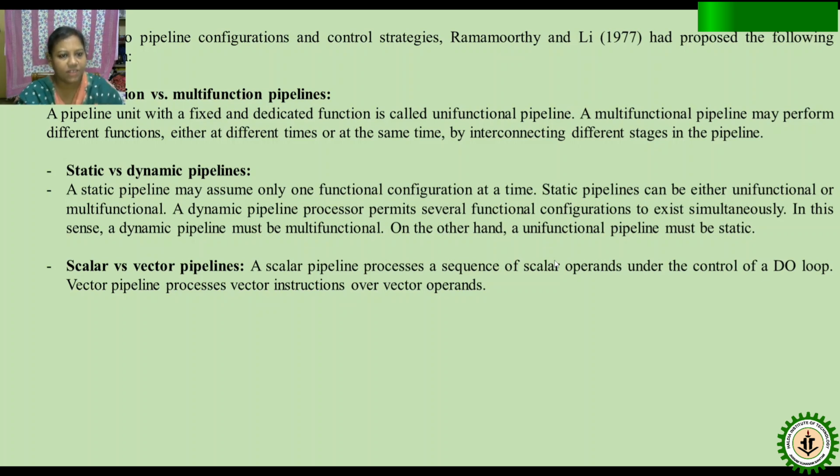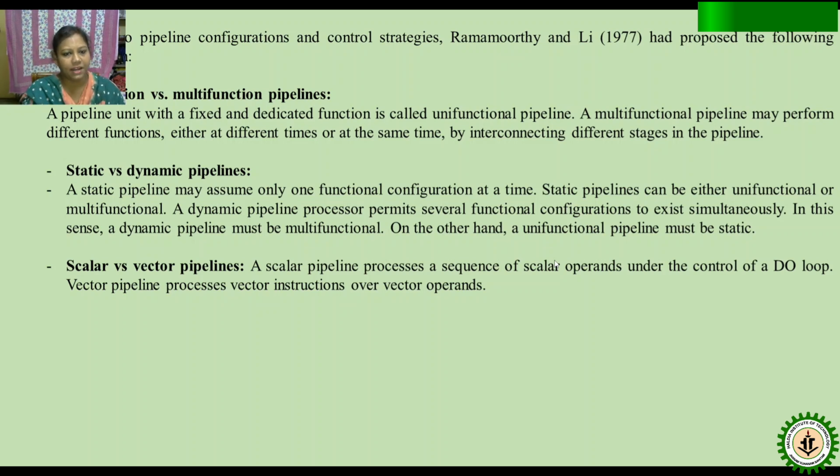Now, static versus dynamic pipeline. A static pipeline may assume only one functional configuration at a time. Static means it is predefined, with only one functional configuration at a time. A static pipeline can be either unifunctional or multifunctional, but it is predefined.